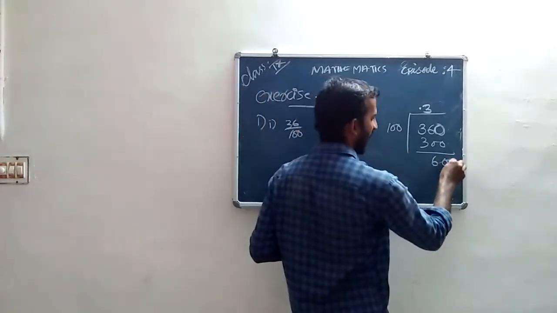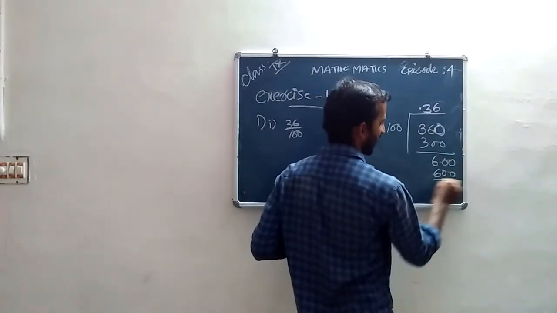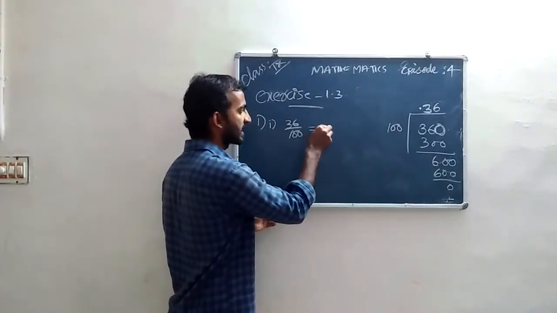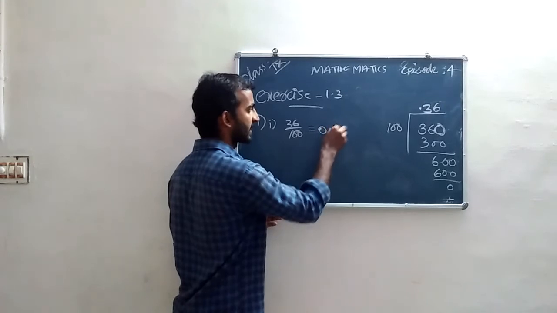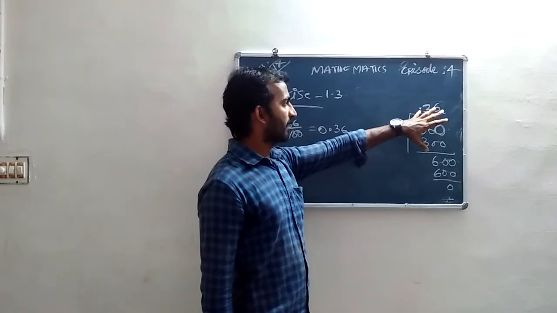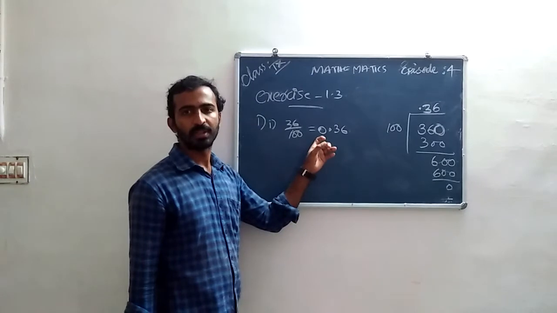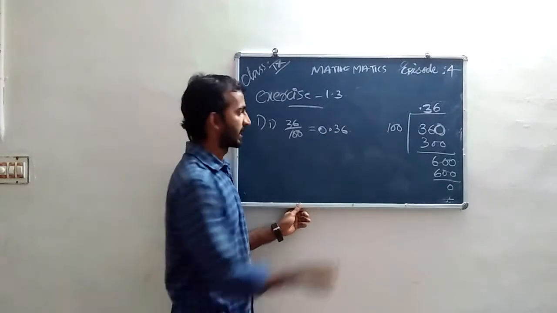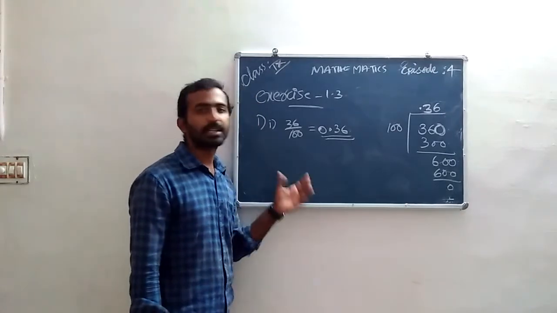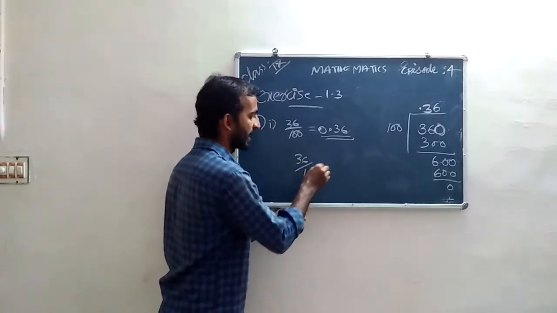When we add another 0, we get 360, and the remainder becomes 0. So its decimal expansion is 0.36, and it is terminating. 36 by 100 is terminating.